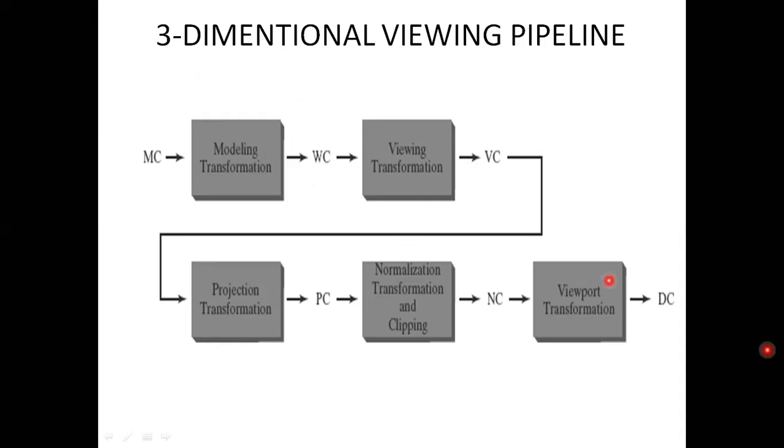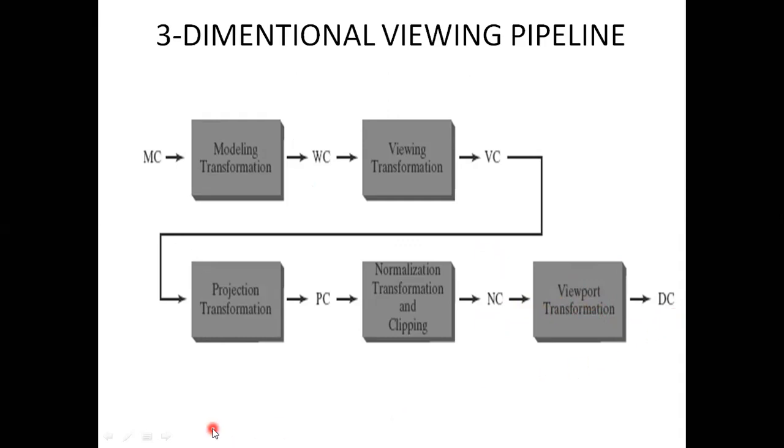When I bring that to a device, my devices are not 3D. My devices are 2D devices, where I can view only 2D images. So this viewport transformation takes all the things in normalized coordinates, the x, y, z parts, eliminates the z part, and gives only the x and y part to the device as device coordinates.